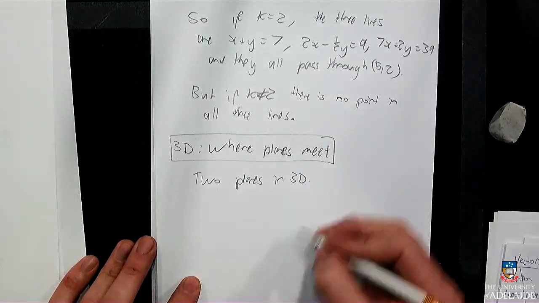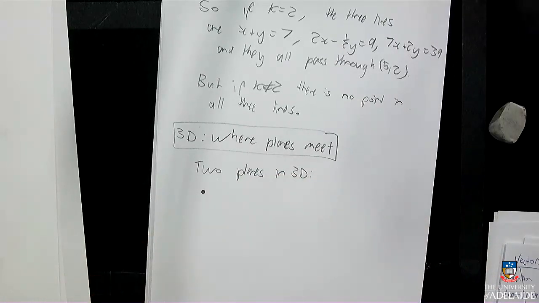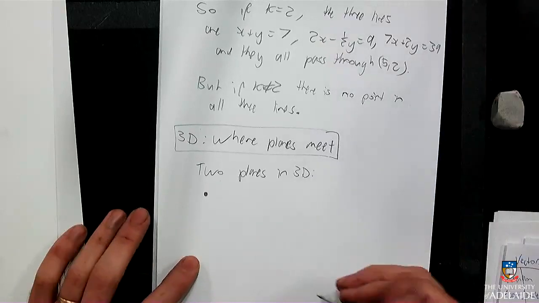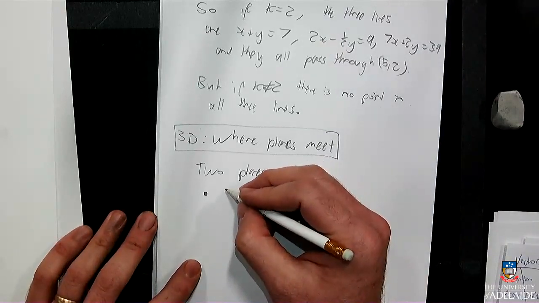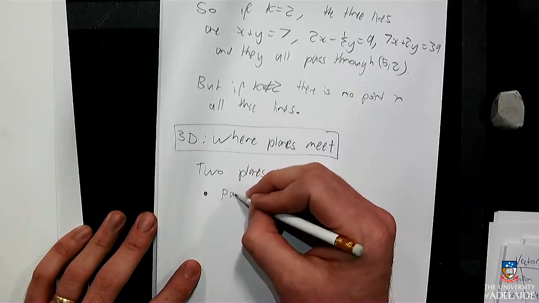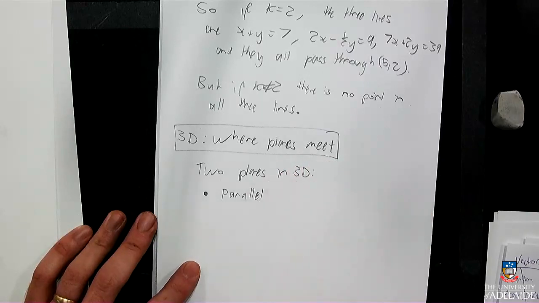Two planes in 3D. So options are, they could technically be the same plane. We've already covered that. We know how to do that one. They could be parallel, which will happen.